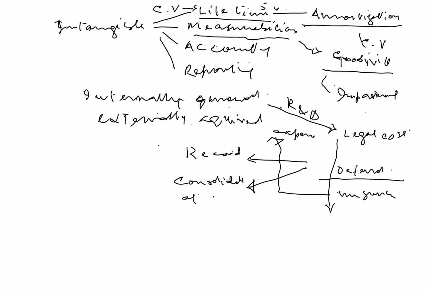The questions that we are going to deal with would be testing us on the accounting treatment, how we actually identify certain expenses to be reported as a balance sheet item or an income statement item.